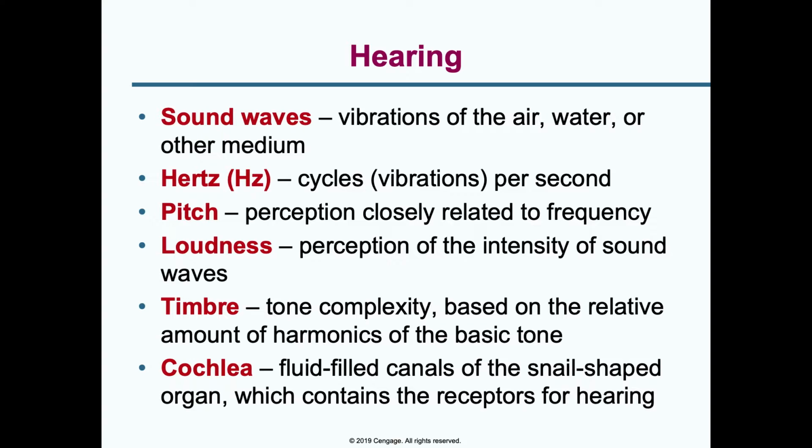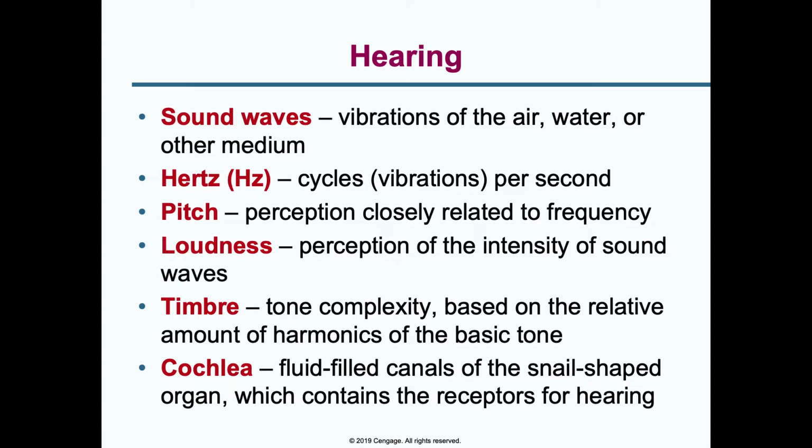Think of ingredients in a recipe if you are baking something. Beyond your basic ingredients of egg, let's say, sugar and water, are there any other ingredients that make that recipe more complex? That's what timbre refers to. Take a basic sound and then add more complexity to it. How complex is the sound? That's what timbre refers to.